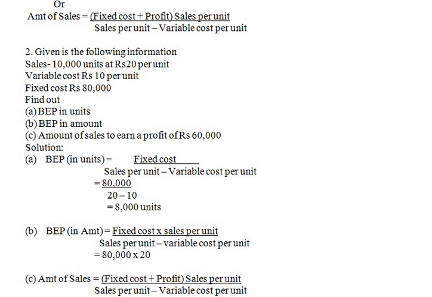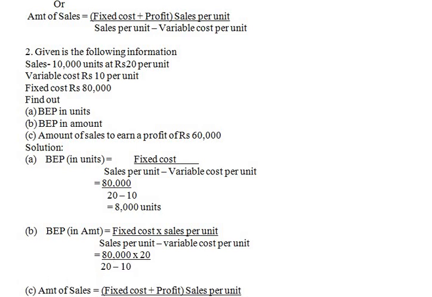Sales per unit is 20, divided by sales per unit 20 minus variable cost 10. So that is equal to rupees 1,60,000.